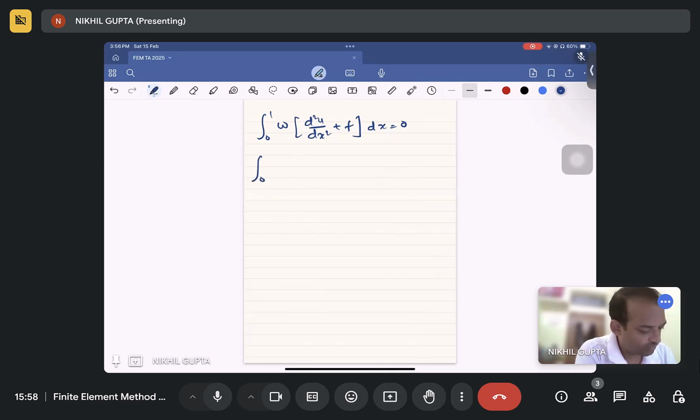We'll write a weak form as dw by dx du by dx minus wf dx minus w du by dx, from 0 to 1, equals 0. This is the weak form we have written.